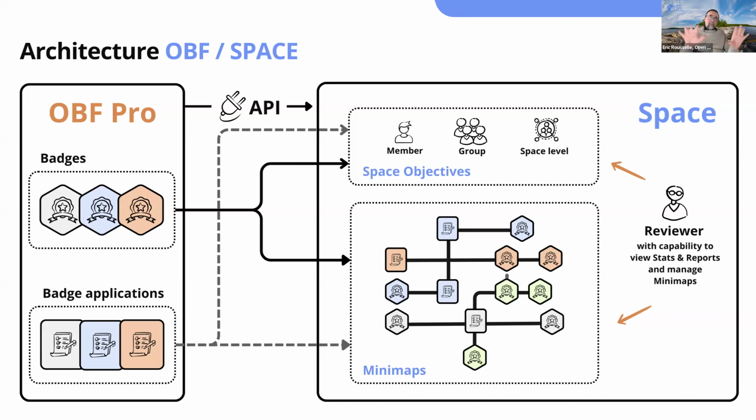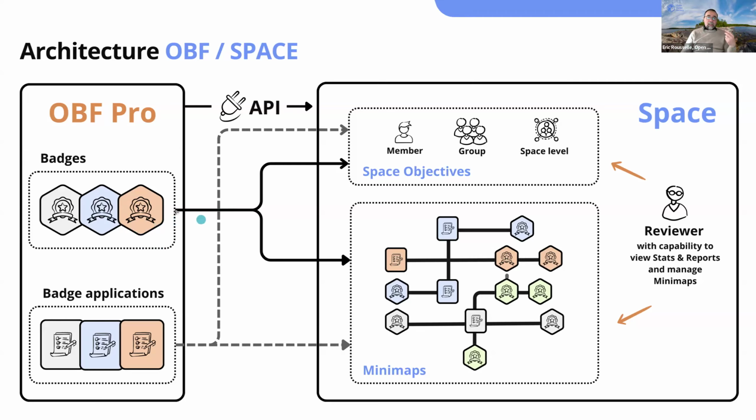So here, this diagram shows you how space and OBF work. You can see on the left side that every badge which is used in the space comes from the OBF Pro environment. So you can see badges and badge applications.